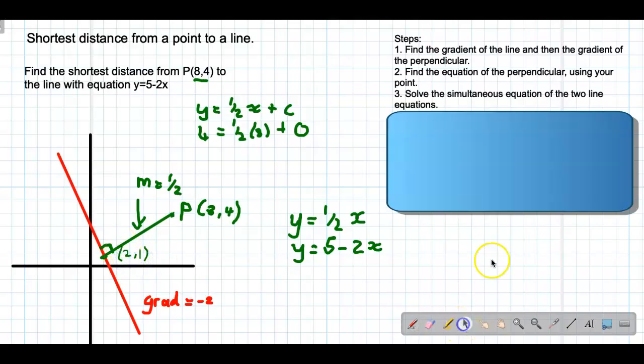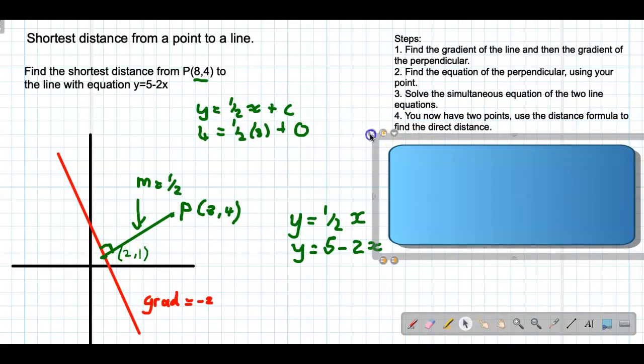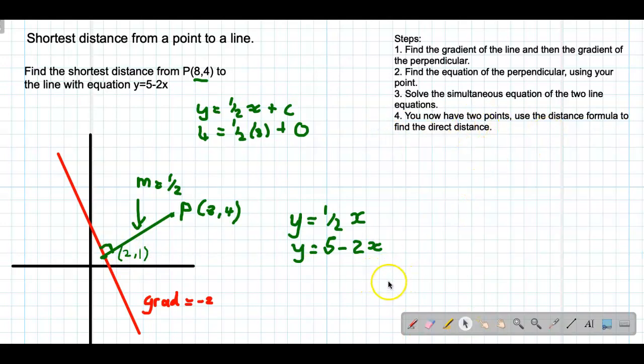So finally, we've got 2 points, and we're going to find the direct distance between those 2 points. So 2, 1 and 8, 4, and we're going to use the distance formula. So 2, 1 to 8, 4, and this is just Pythagoras now. And hopefully you've done a few examples of using this. So the distance is going to be 2 and 8.